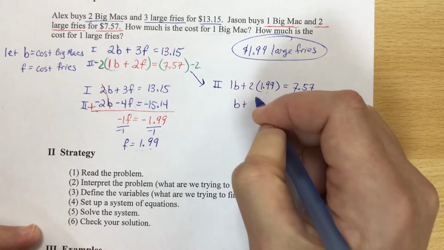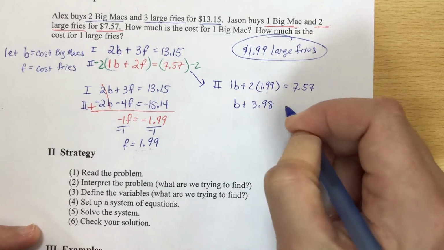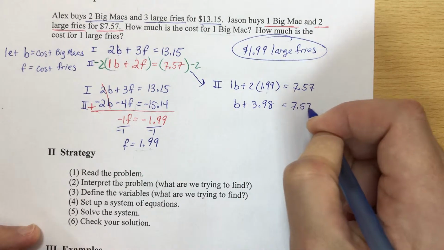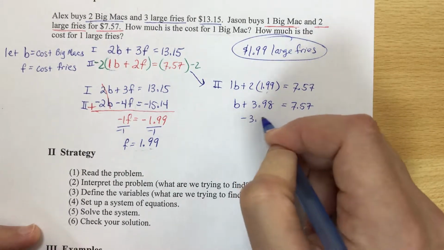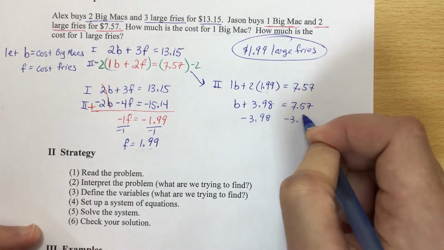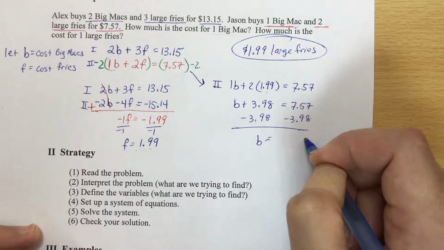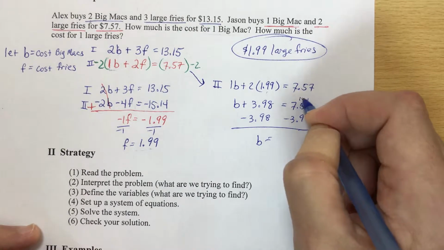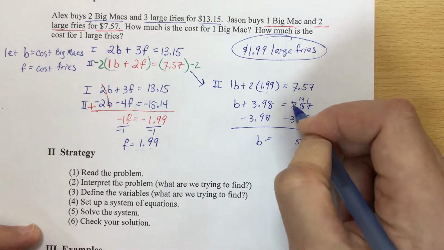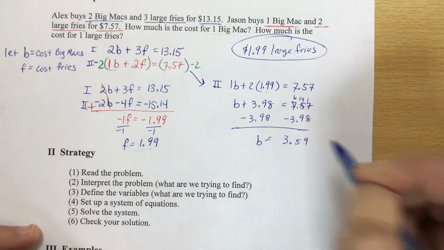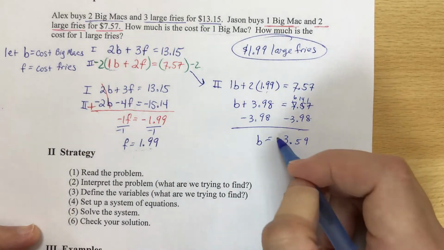So we get B plus 3.98 equals 7.57. To solve that equation, we will subtract 3.98. B equals, let's see, that would be 9. 17 minus 8, 14 minus 9 is 5. 6 minus 3 is 3. And what we get is 3.59.